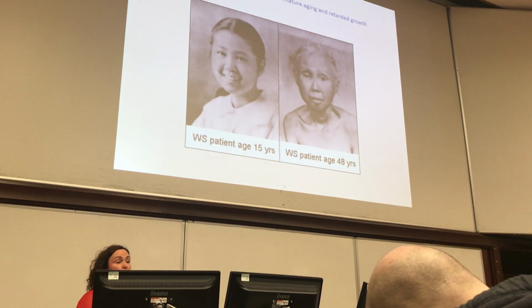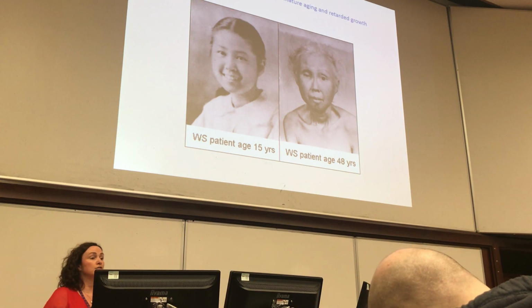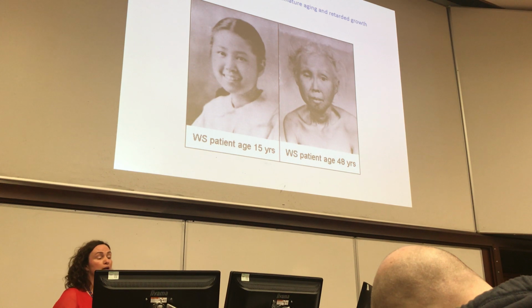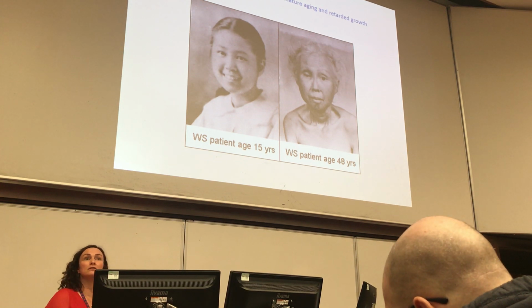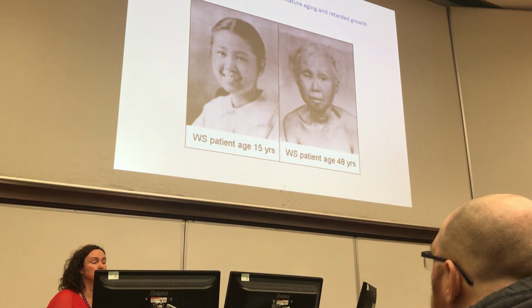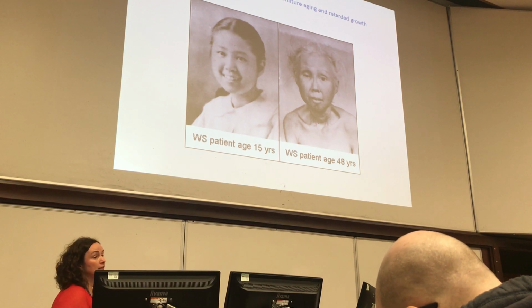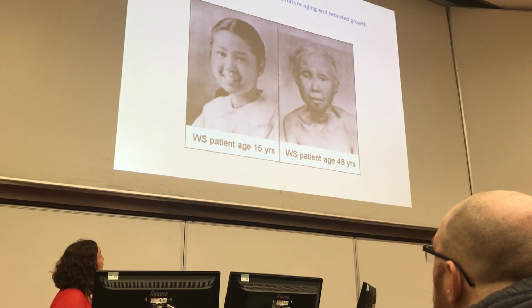And then the other one that I just want to mention, which is one of the classic examples that I've given as well, is to do with Werner syndrome. So Werner syndrome arises as a result of mutations in the WRN gene. There've been about 60 mutations known to affect this particular gene. And as you can see, it gives rise to premature aging and retarded growth.